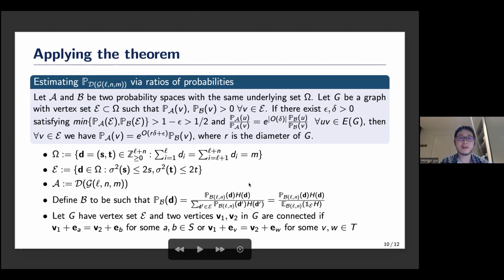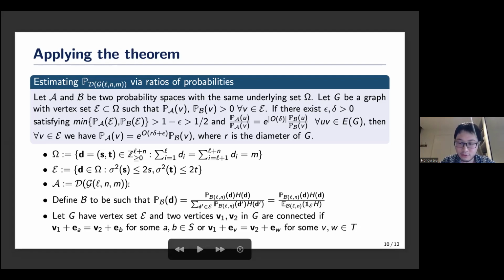And here's how to apply the theorem. So clearly we'd want to define the underlying set omega to be the set of all balanced degree sequences with length L plus n. And also it's very clear that we'd want one of the spaces A and B to be the space D of degree sequences, which we defined before.